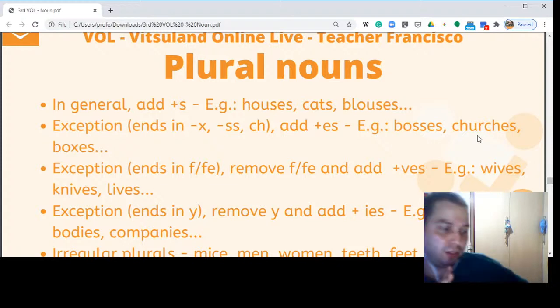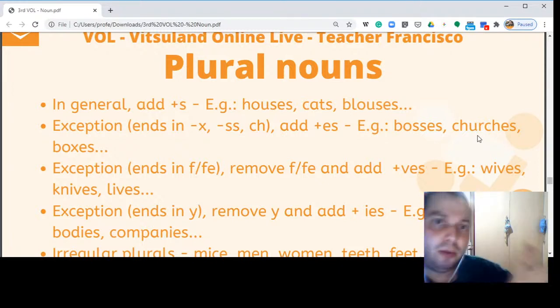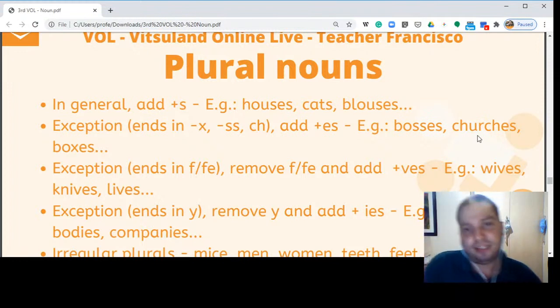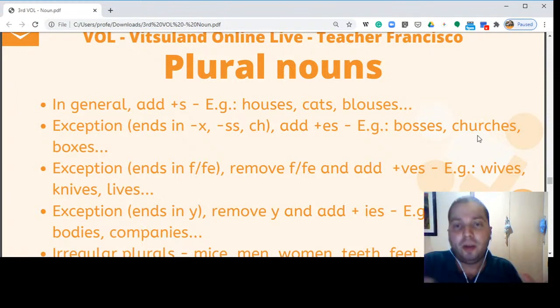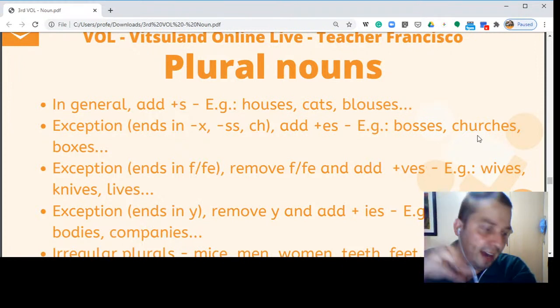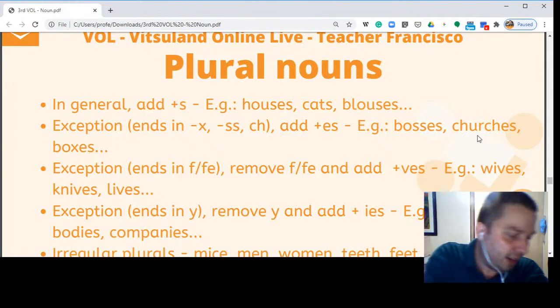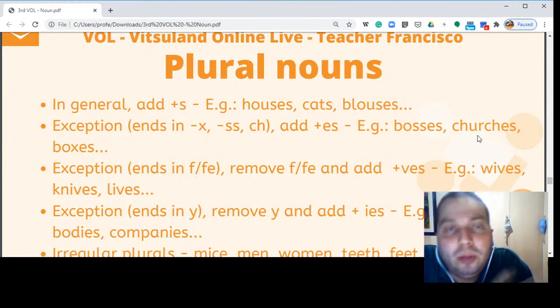In general, just as in many other languages like Spanish and Portuguese, we just add s, so houses, cats, blouses. To form plural nouns in general, we just add the letter s. That's it. Now, some exceptions.